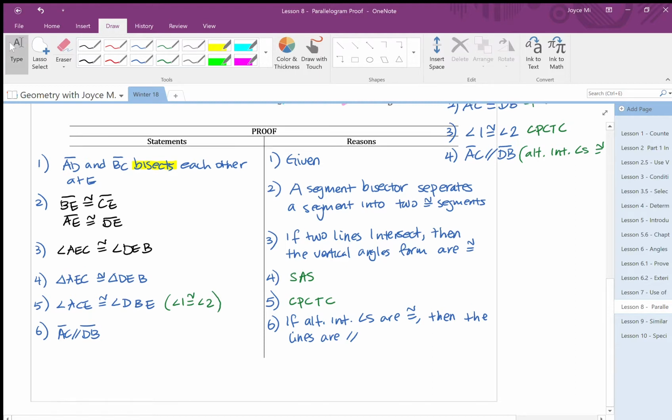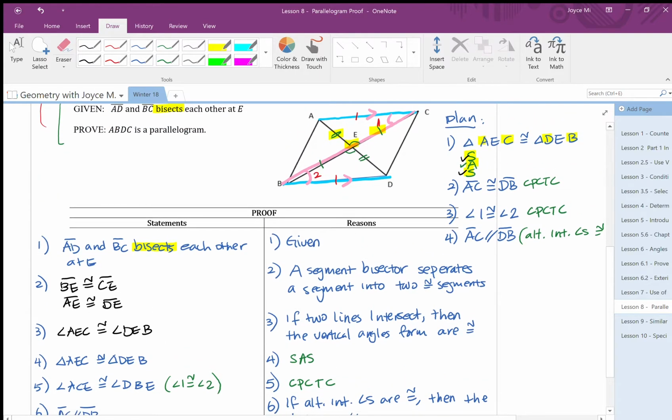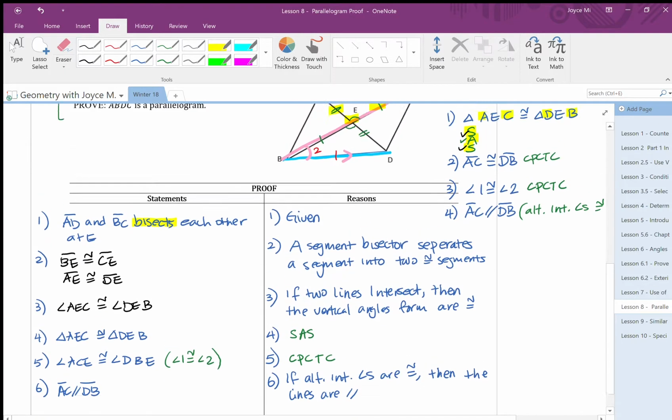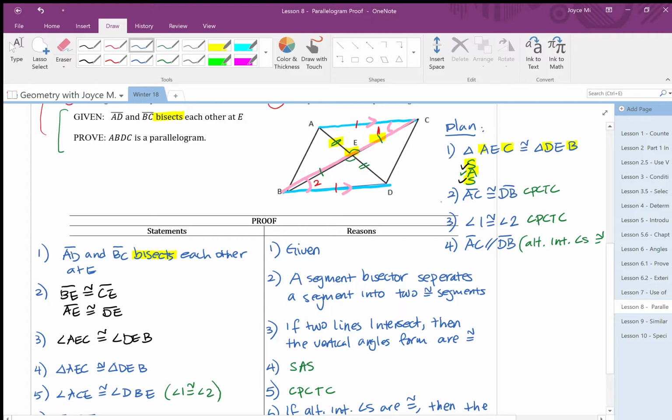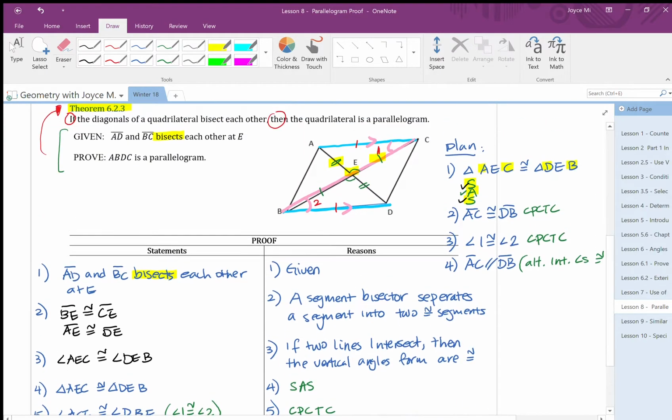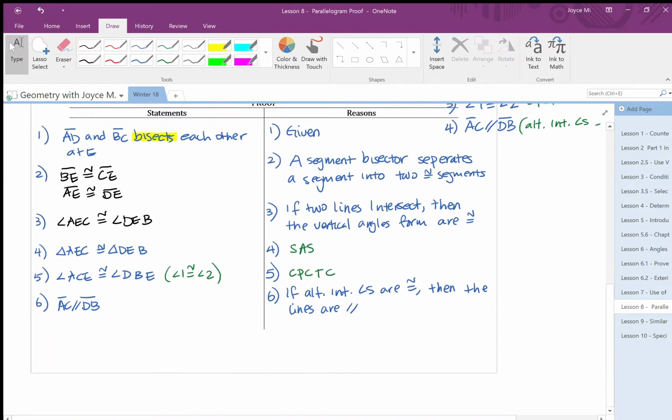Now let's check what we wanted. We want to show one pair of opposite sides are both congruent and parallel. Well, we showed the parallel already. We haven't written the congruent yet because that was in part 2 here. We didn't write it, so I'm going to add it in. So I'll say AC is parallel to BD. We should write this step before that actually.